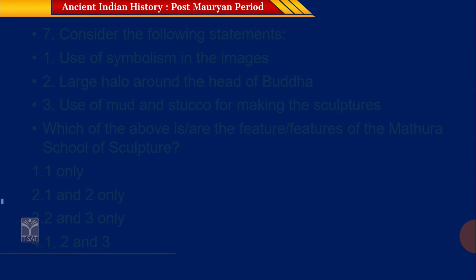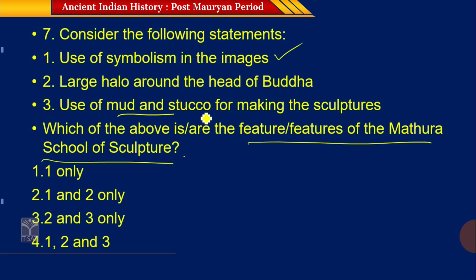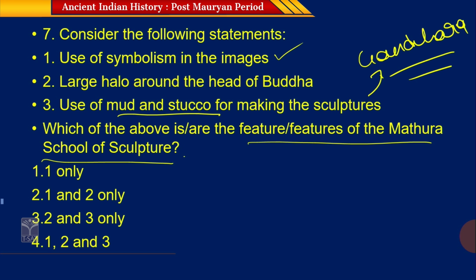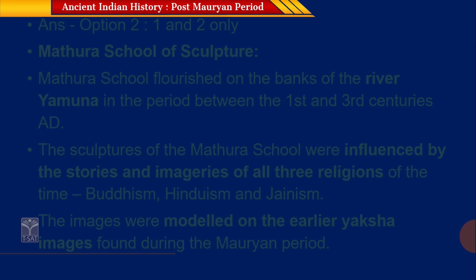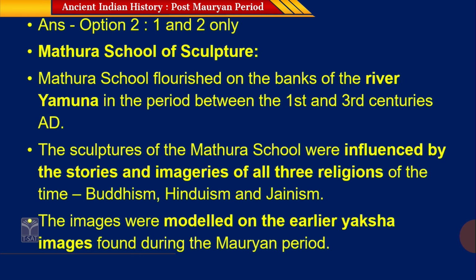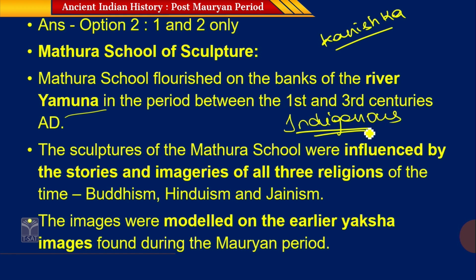Because mud and stucco is a Gandhara style, no? I just said some time ago, it is Gandhara or Indo-Greek in terms of patterns. Mathura school of sculptures you mainly see in the Mathura region on the banks of Yamuna. This was also encouraged by Kanishka. And Mathura school is mainly indigenous, that is, purely has Indian influences.